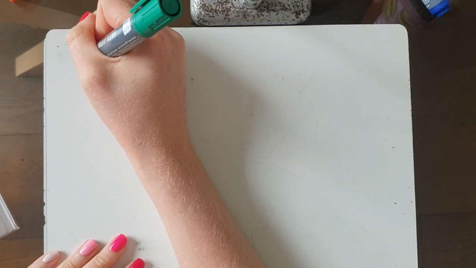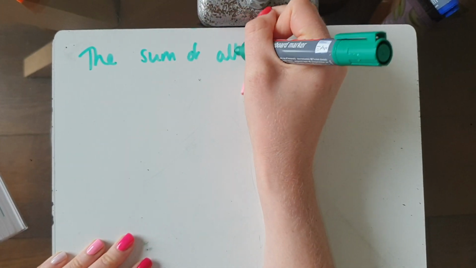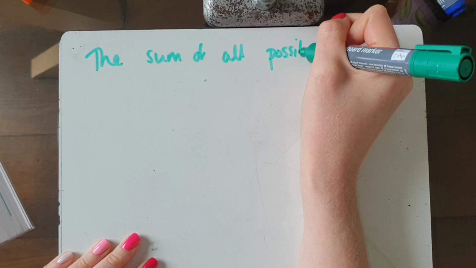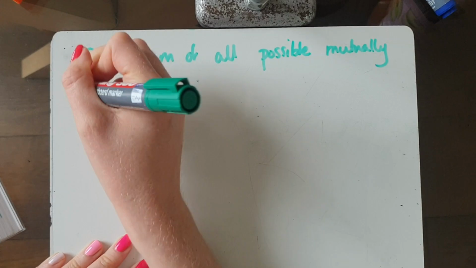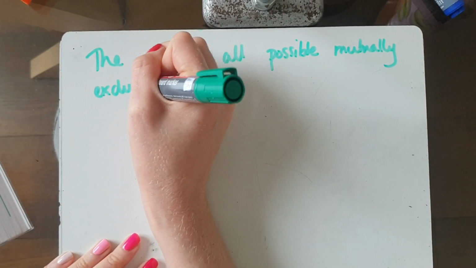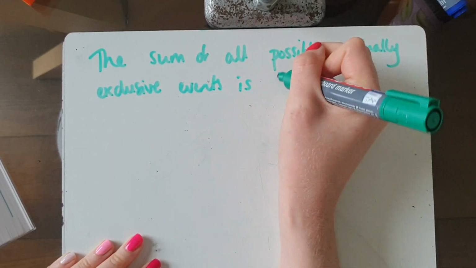If we look at all of the mutually exclusive events that could happen and we add their probabilities together, it will be 1. So the sum of all possible mutually exclusive events is 1.